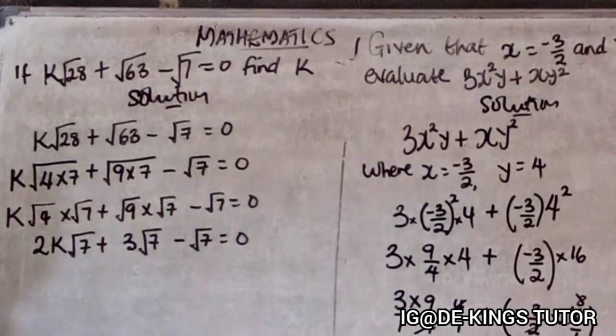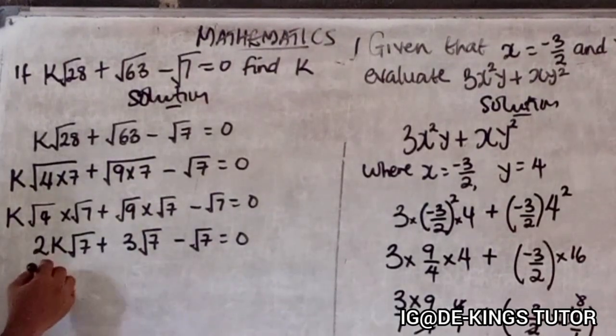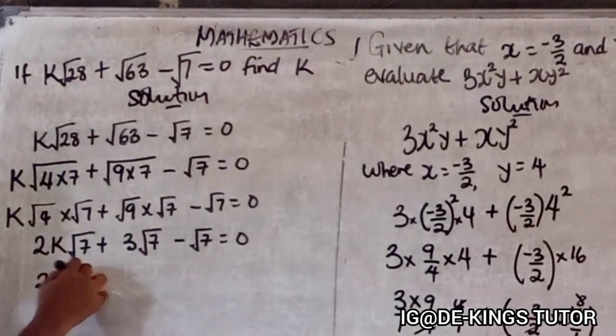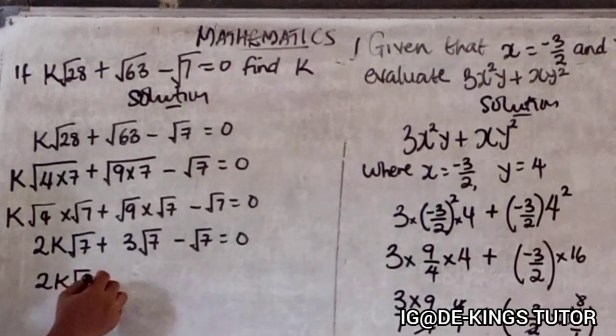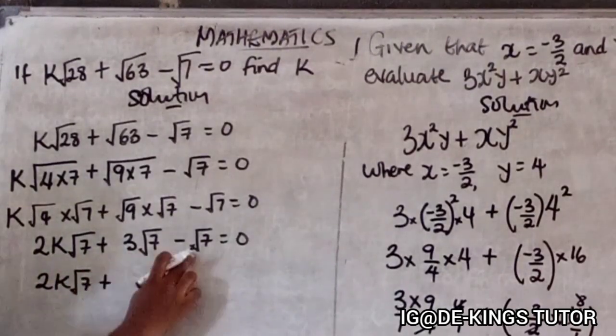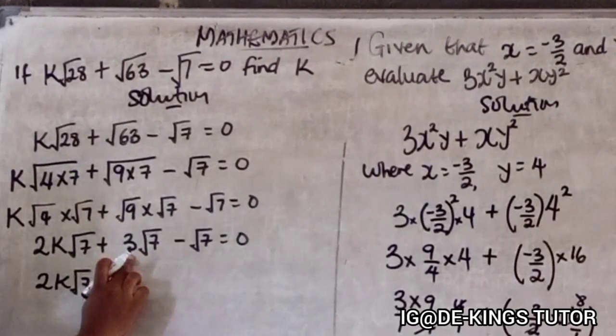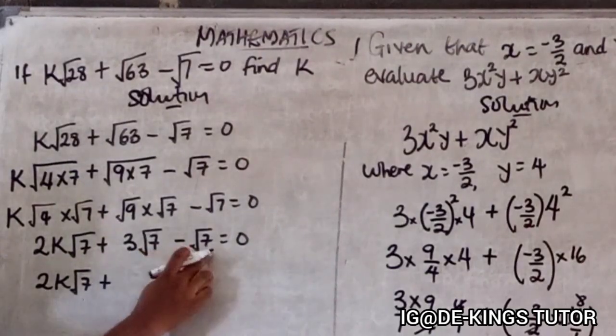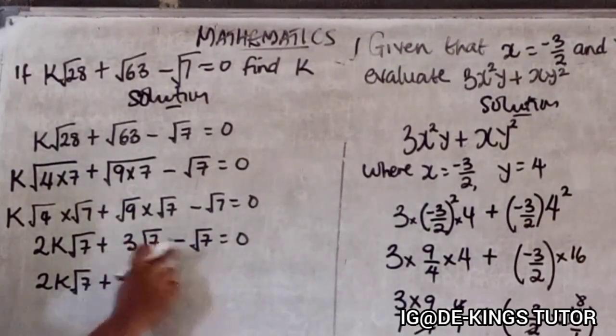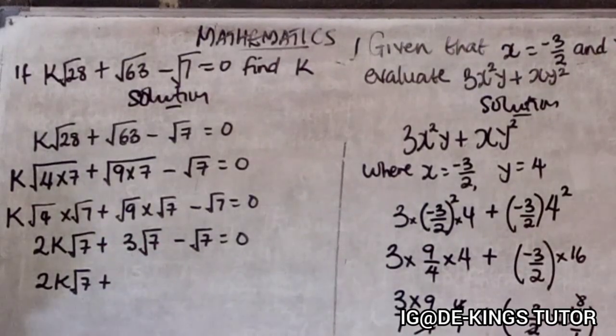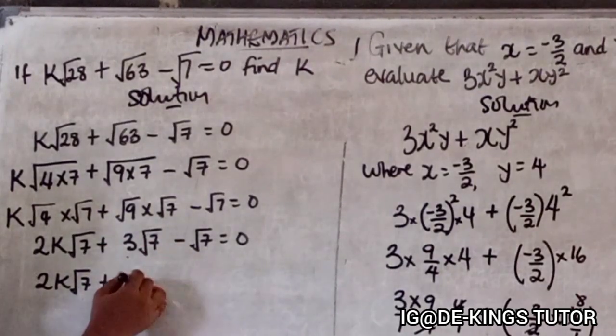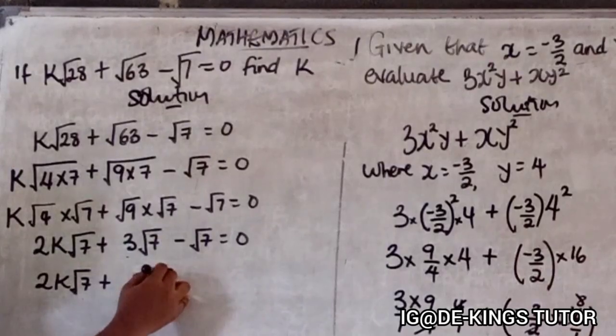Now from this, I have 2k root 7 plus 3 root 7 minus root 7. Since they are the same surd, I take root 7 and simplify their coefficients. So 3 minus 1 will give us 2 root 7.